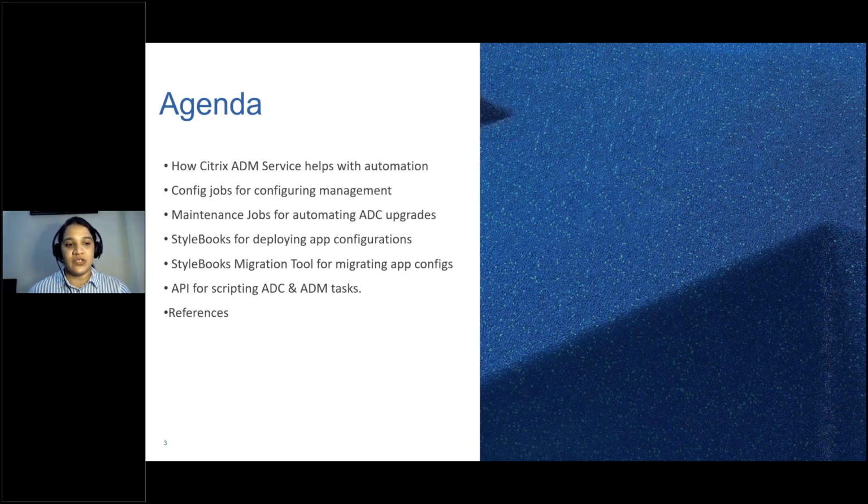And lastly, I'll be touching upon the API, which helps with scripting ADM and ADC tasks. And I'll be leaving you with certain reference materials which you can use after my session to read through and try whatever I've spoken through in the session.